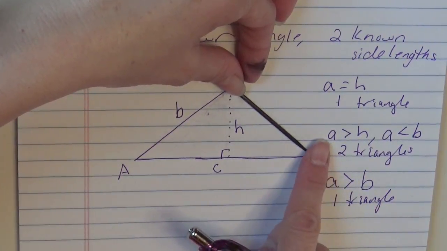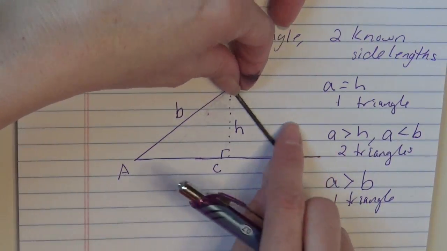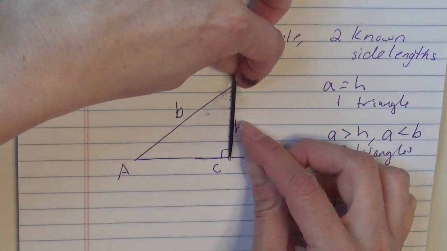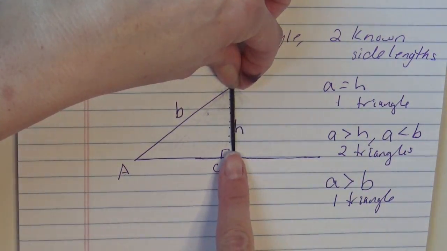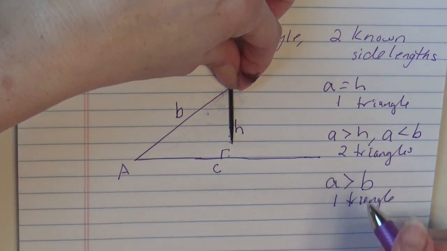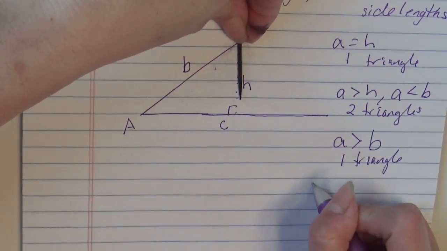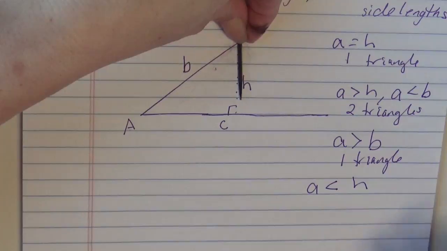Okay. What if side length A is shorter than the height? So let's look at it here. Let's say this is my height, but side length A is like this. If side length A is shorter than my height, what happens? Side length A is less than the height.